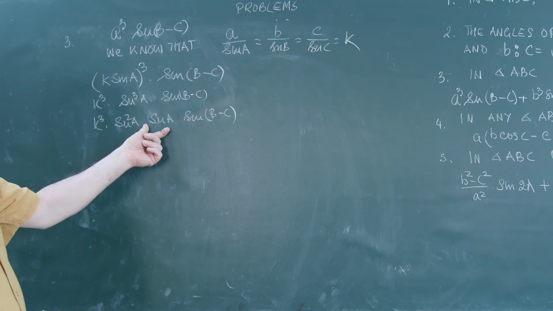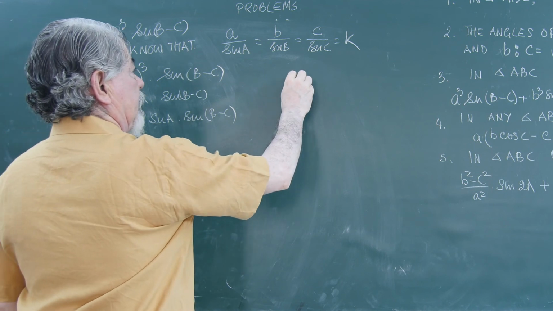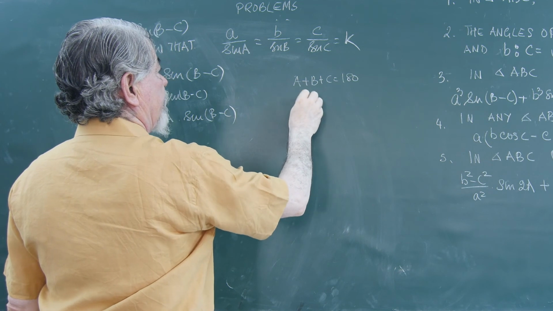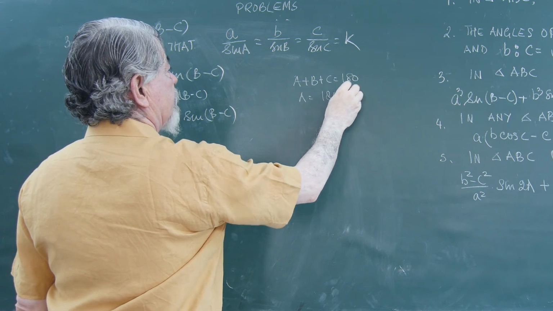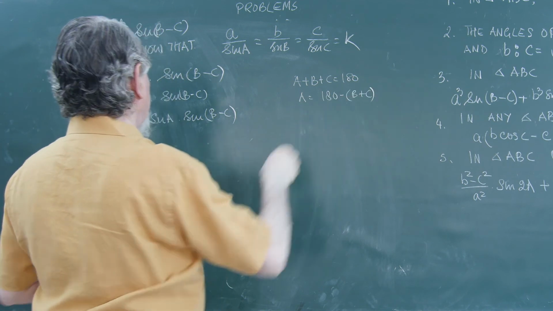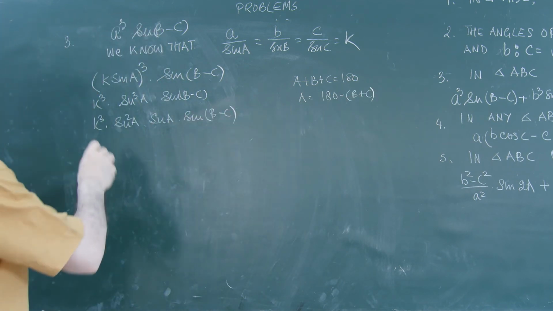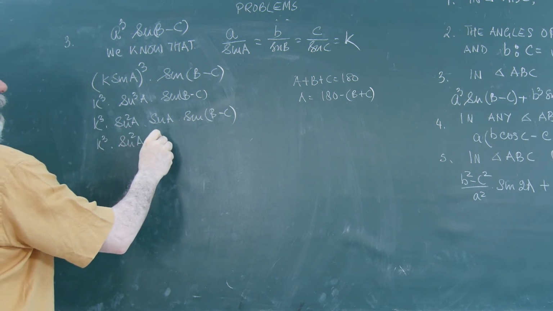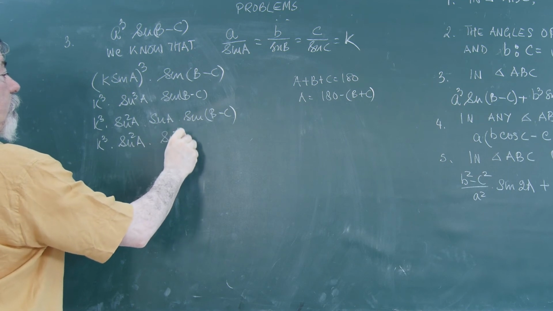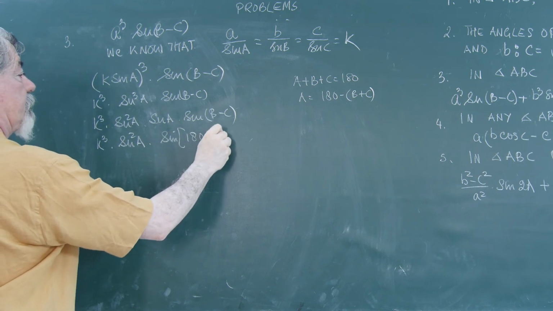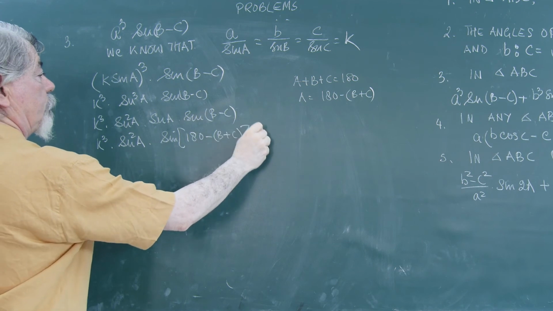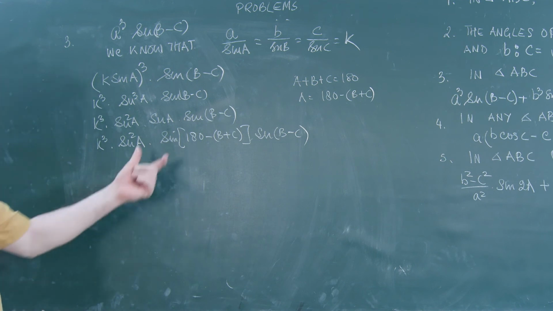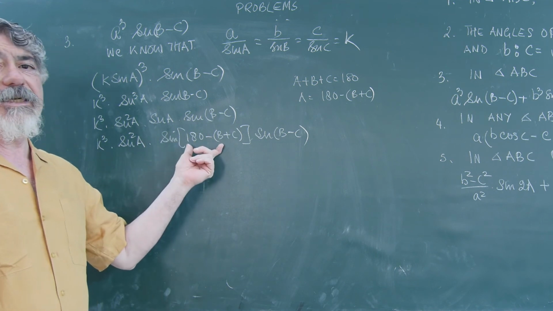Now you know very well A plus B plus C is 180. So A will be 180 minus B plus C. So instead of sine A, I'll write sine square A, and here I'll write sine of 180 minus B plus C into sine B minus C. Sine 180 minus theta is sine theta.